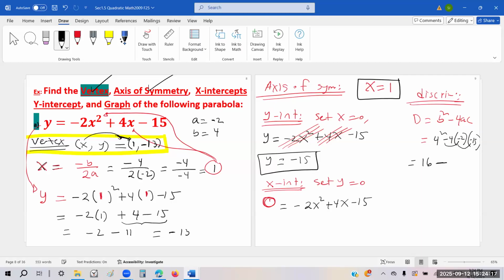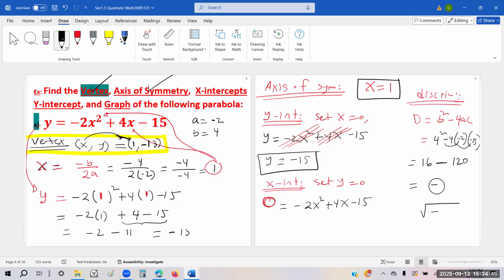So we have minus 4 times 2 is 8, and 8 times 15. Huh? 120? 8 times 15, 120? Good thing I checked. What's the result we have? 16 minus 120. Negative number, right? So we have the square root of a negative number.